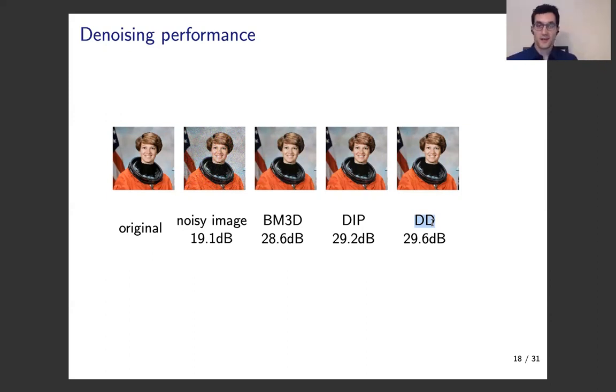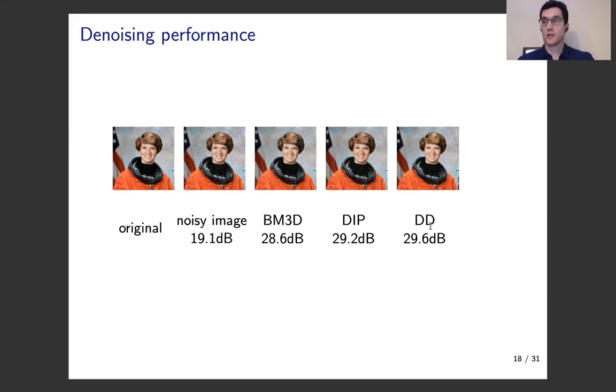All right, but now let's go back to our initial observation. The initial observation was that we took a very over-parameterized network, right? In this case, the deep decoder is an under-parameterized network, so it's very intuitive what happens. But what if we take this network and we just make it bigger? And by bigger, I mean, what if we make it wider? Then we come to a regime where we can represent any image with this network.